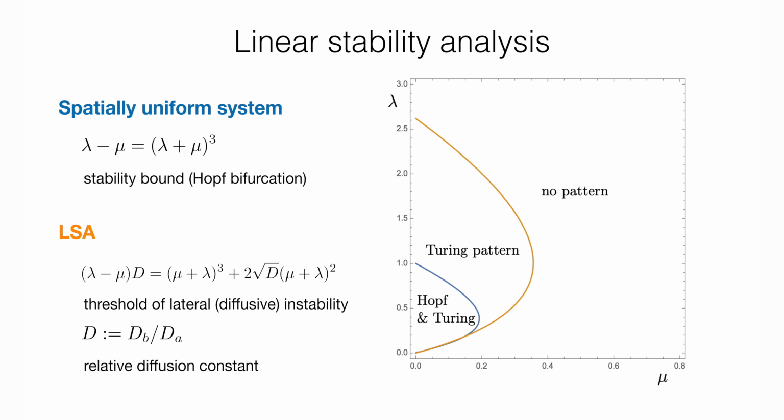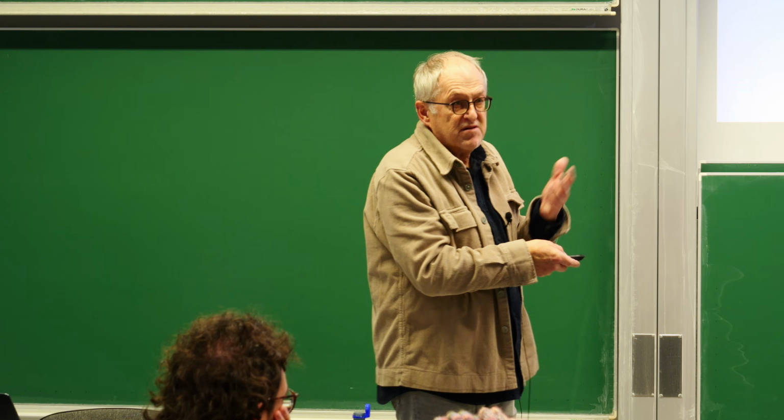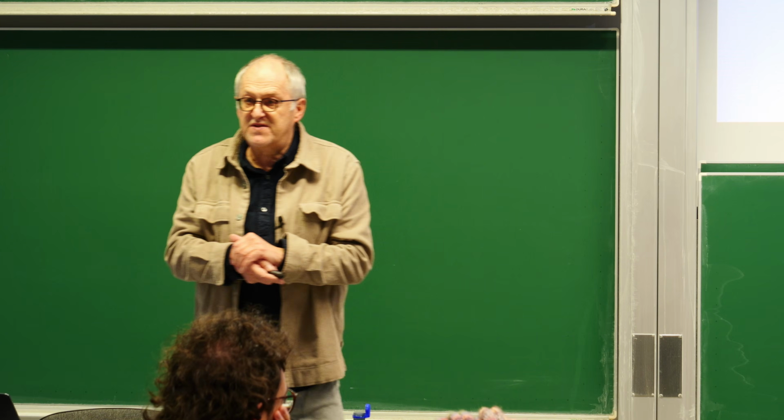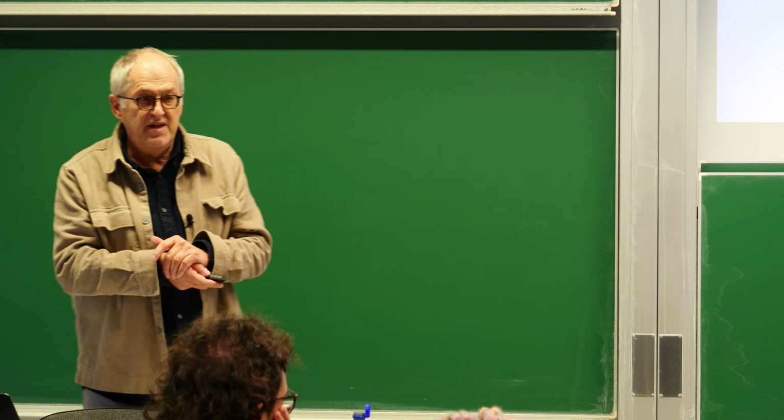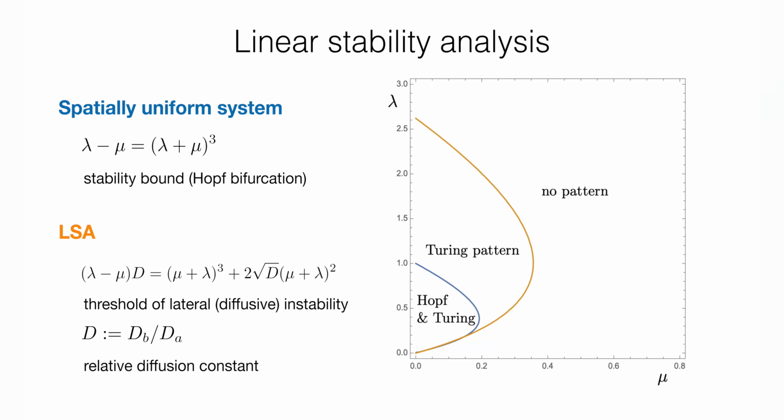If you walk along this line, there is no Hopf instability. There's no Hopf bifurcation. So here, if you move along this line, you just have a standard Turing type of instability as we had it yesterday in the lecture. Here, the corresponding homogeneous steady state is stable to spatially uniform perturbations.